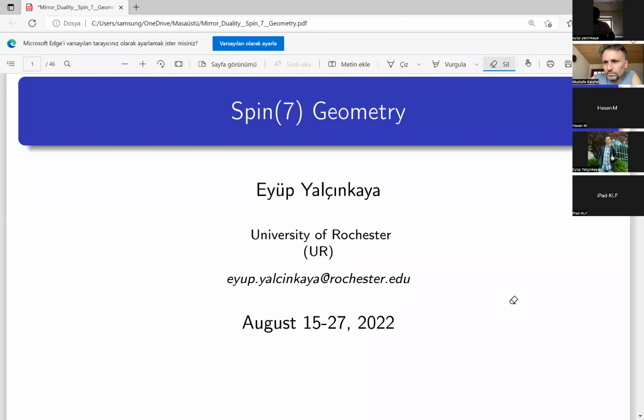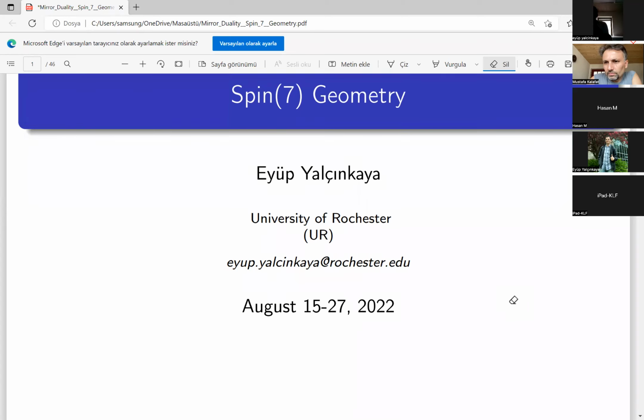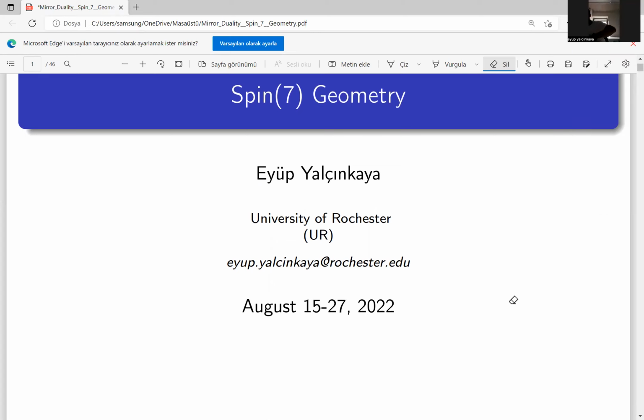And today we will continue from the presentation. We finished the Jamboard part and just a few slides related to the previous talk, and then we will continue with the real, hardcore part of spin 7 geometry.